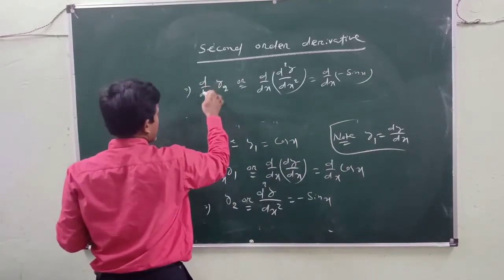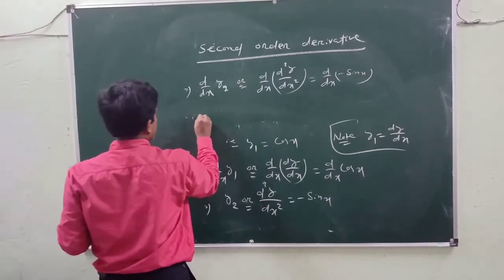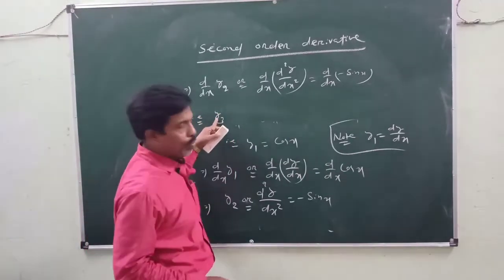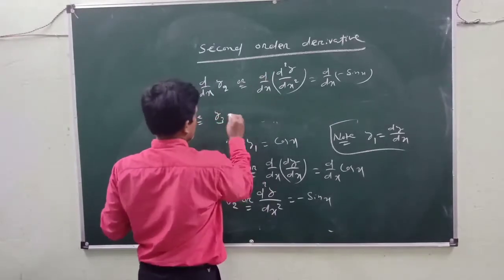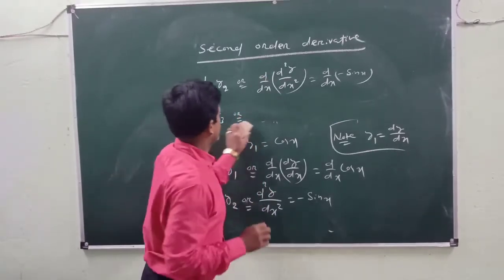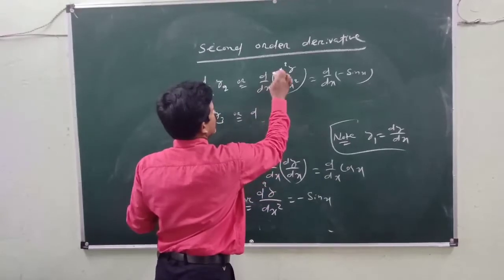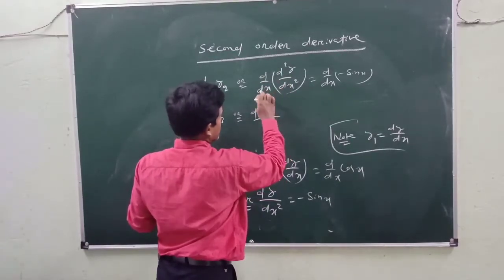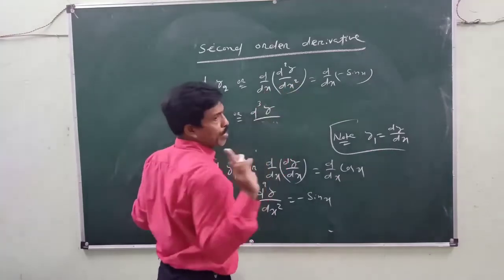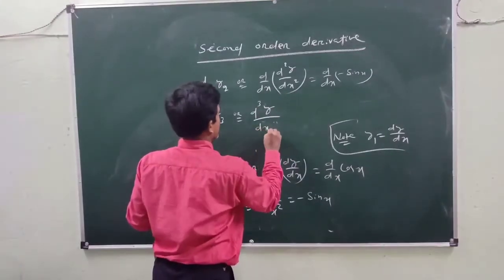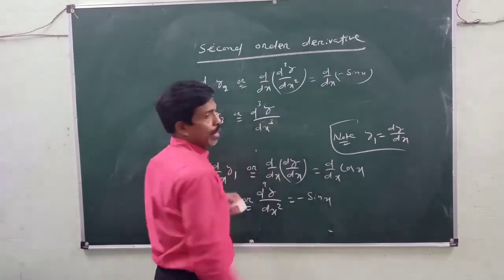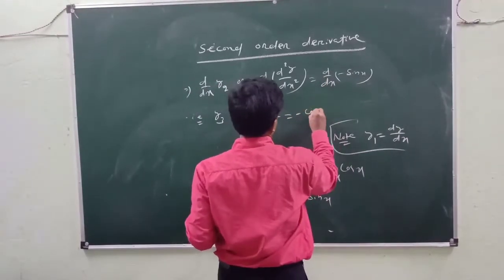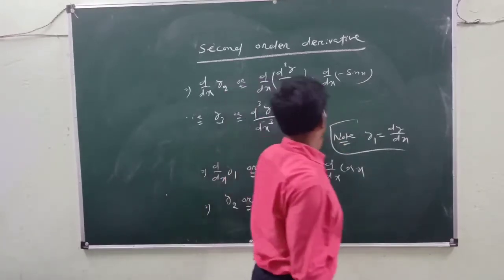This derivative of y2 with respect to x is denoted by y3. That means I take 3 times derivative of y. This y3 is also written as d cube y by dx cube. So its value will be the derivative of minus sin x, it will be minus cos x.